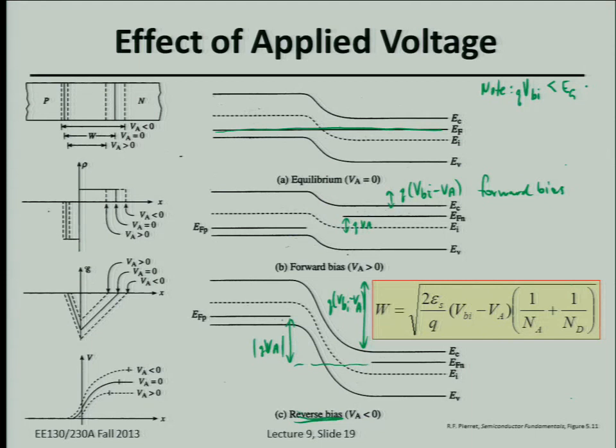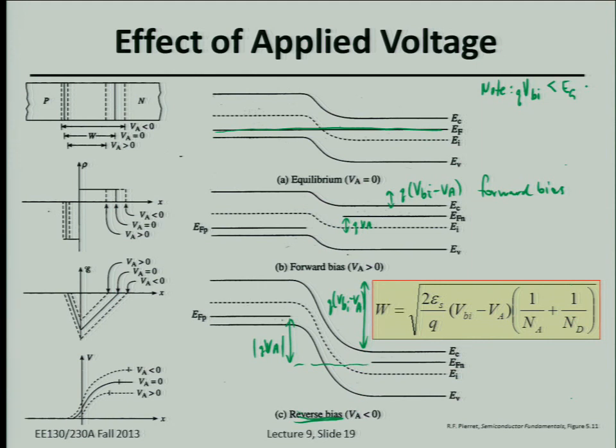So all you have to do is look at this potential barrier. What is the total band bending here? Is it greater than or is it less than the band gap energy? It's greater. So you know this has to be under reverse bias because the potential is somehow more than it can possibly be at equilibrium.